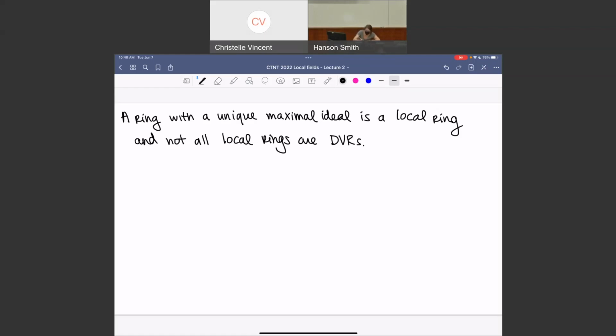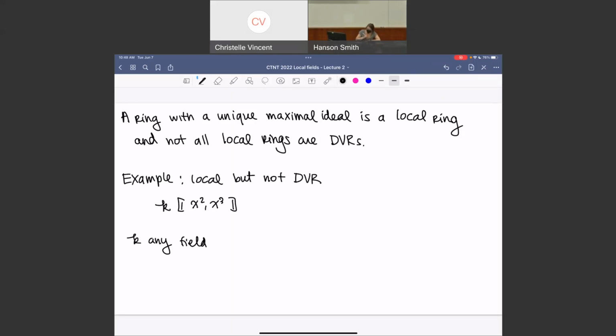And an example of a local but not DVR is the ring, K is any field now, of power series in x squared and x cubed.